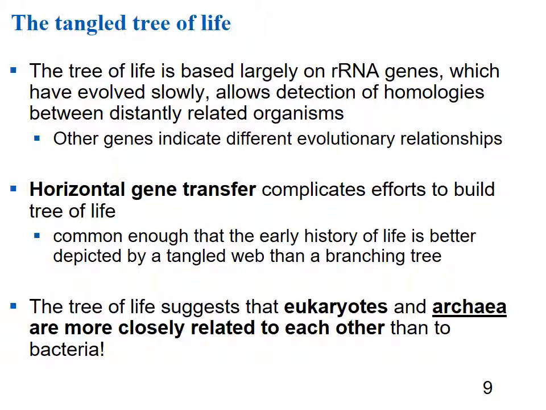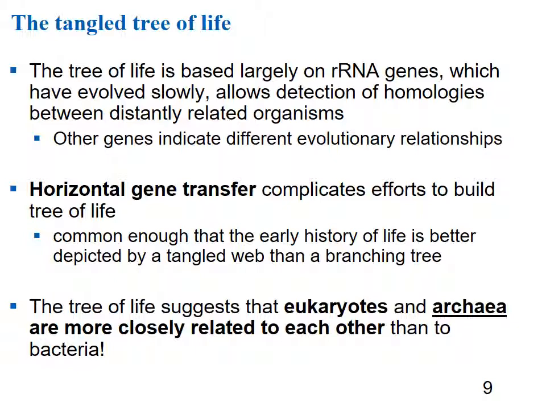So if we talk about the tree of life and tracing evolutionary history, the current tree of life is based largely on ribosomal RNA genes, or rRNA genes. These genes have evolved slowly, so that allows us to detect similarities between distantly related organisms. And other genes sometimes indicate slightly different evolutionary relationships, so we're still working on untangling this tangled tree of life.